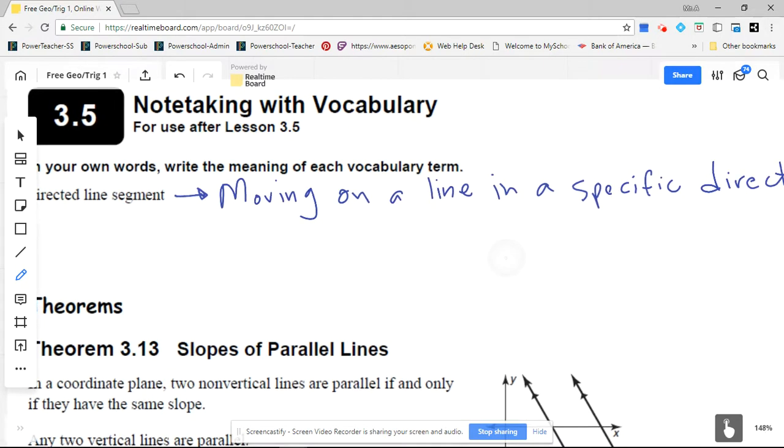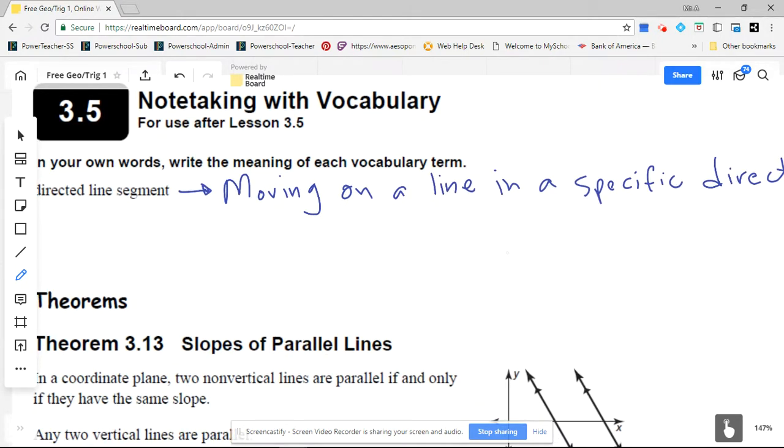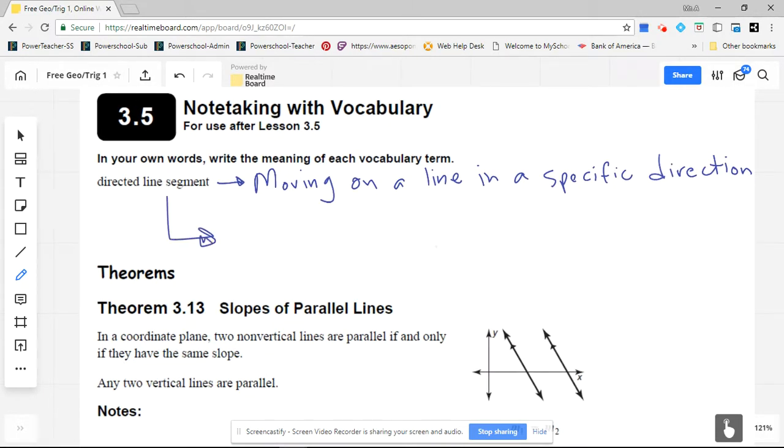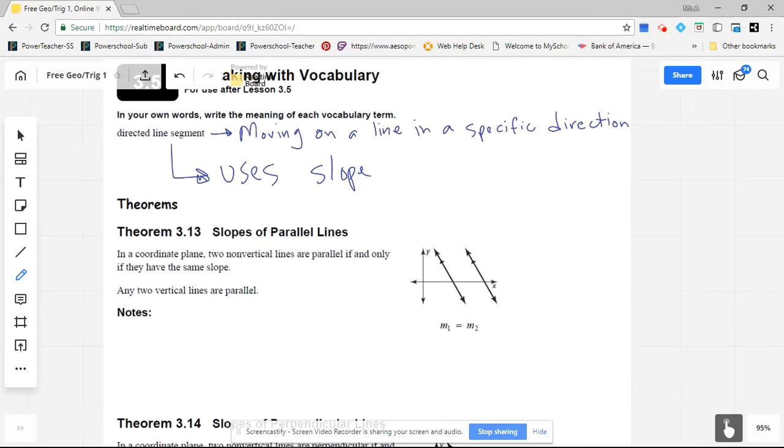So if they're telling you to go from A to B, you have to start at A and go to B. So you're going in a specific direction. Also, it uses slope. We use slope to get our directed line segments. We can use our slope. So we'll talk about directed line segments when we get to the extra practice, which is just really soon.